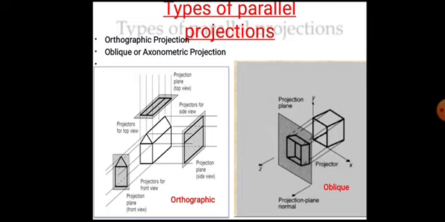Now next we discuss types of parallel projections. Parallel projection is further classified into two types. First one is orthographic projection and second one is axonometric projection. First we discuss orthographic projection. In orthographic projection, all the projectors are parallel to each other and perpendicular to the projection plane.